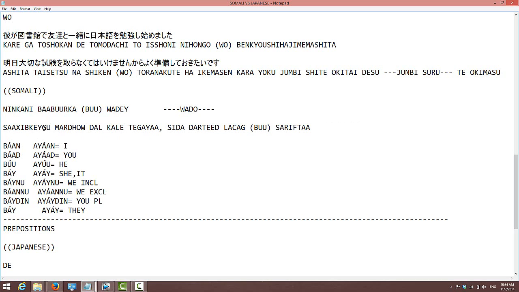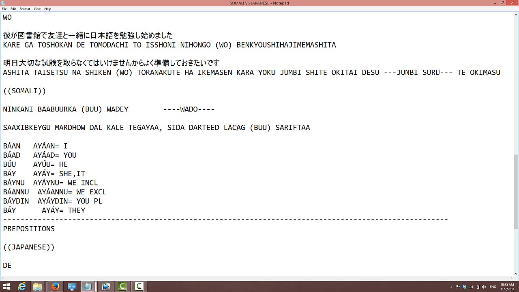So as far as my friend, morado. Morado means soon or close, but in this context, it means soon. Dal kale: dal is country, and kale is other or another. Tegayaa means he's going. It has two meanings: he goes in general, or he's going to go. Sidaa darteed: due to this, because of that, therefore.